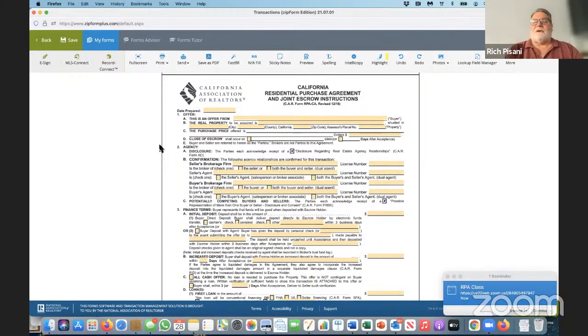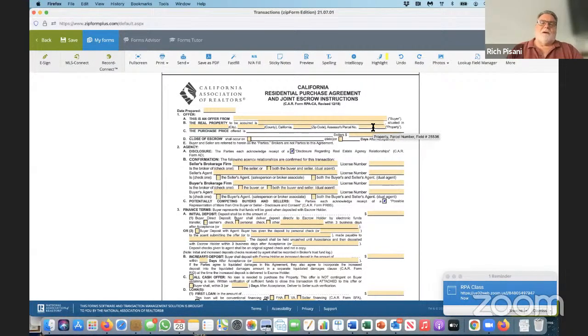So this is an offer from a buyer about a specific property, and give the details, the APN number. You need to find that APN number. If you're on the MLS, the APN should be on the MLS sheet.